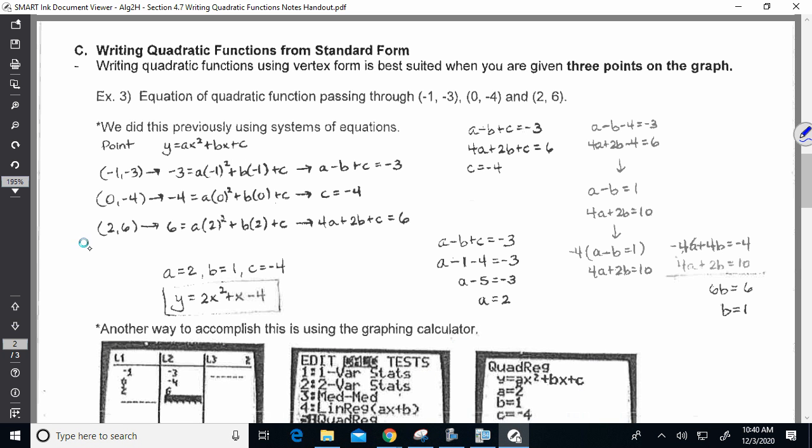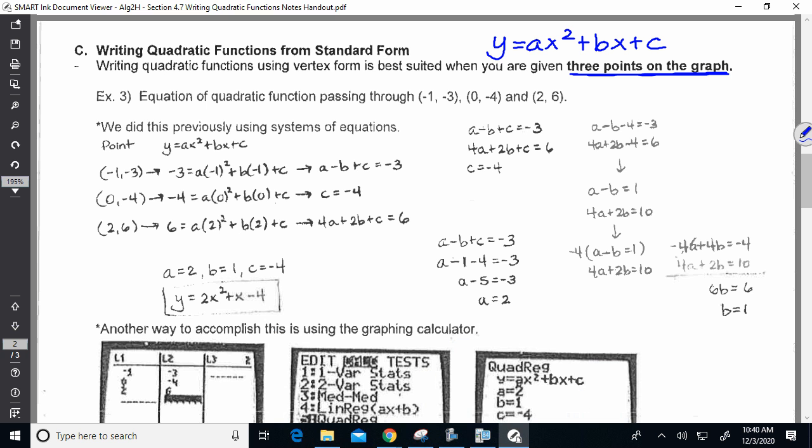So, standard form, that's your ax squared plus bx plus c. We use standard form if we are given 3 points on the graph. You can technically use it for more than 3 points on a graph, but if you're given just 3 random points, that's when you would use it.